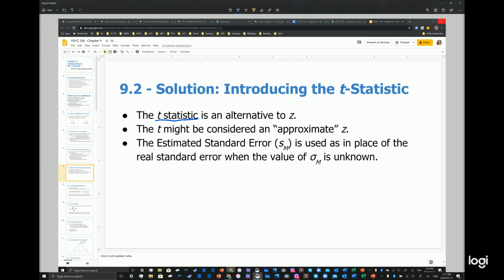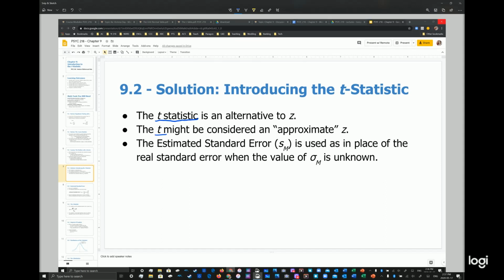So t here would be considered an approximate z, and it will be approximate depending on what your sample size is, and that would directly affect what the degrees of freedom is. And remember, degrees of freedom is, right now, I'm just going to tell you this, and it will come back to you, n minus 1.